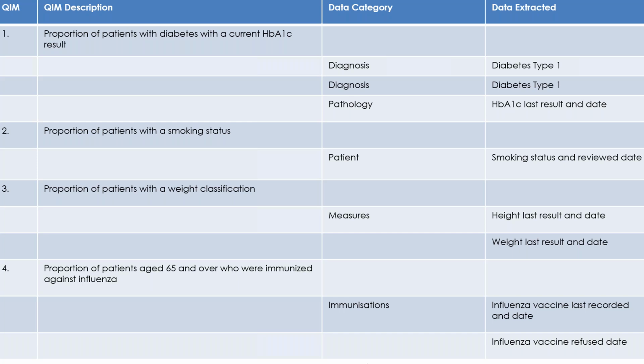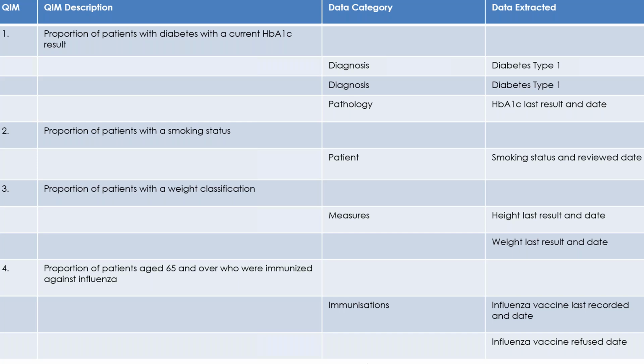The same goes for the response from the pathology reporting. That's the classification, the way they're sorting through to find that. So pathology, and the extracted data they're looking for is the HbA1c last known result and date range. And this goes through basically all of them.